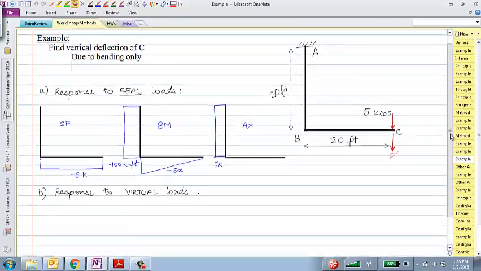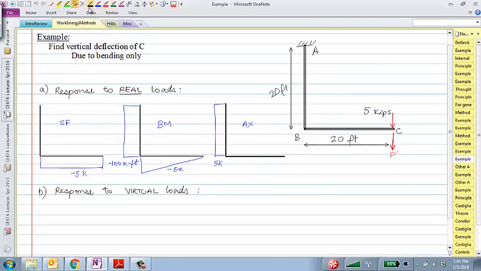So response to the virtual loads, if I apply a P prime here, what would be the bending moment diagram? Yep, exactly the same thing, except instead of 100, I'll have P prime times 20, right? So I take this response curve. Let me draw that here.